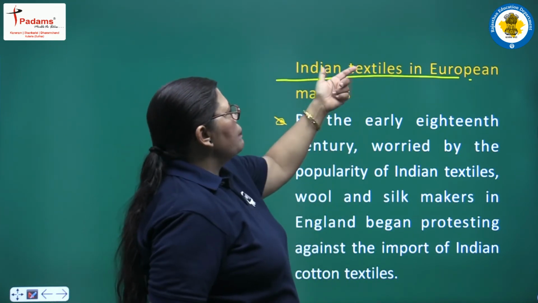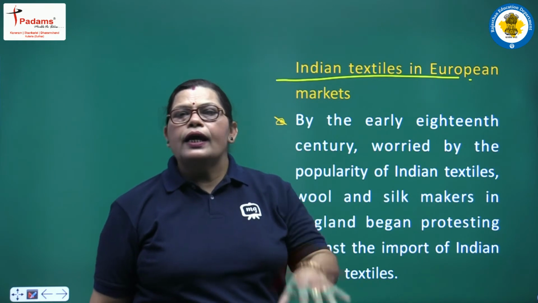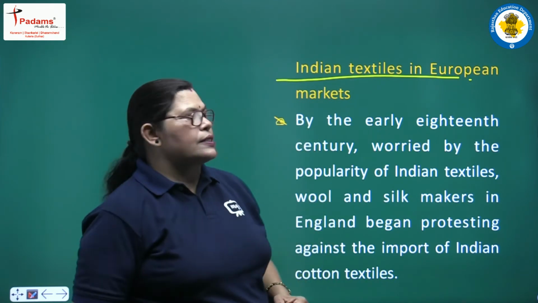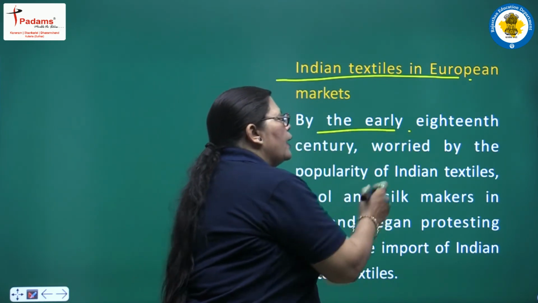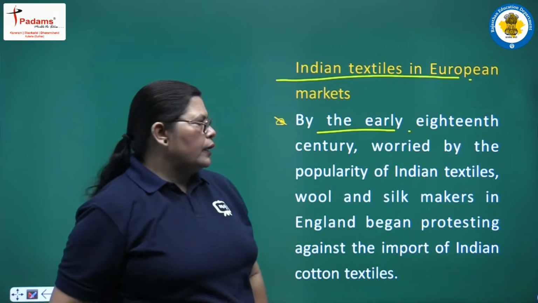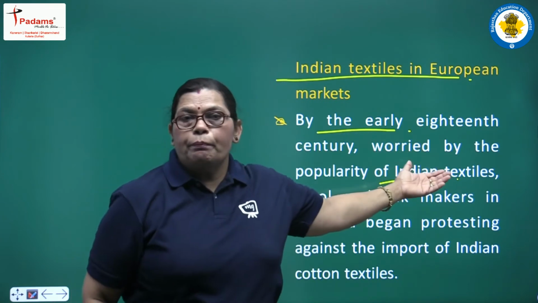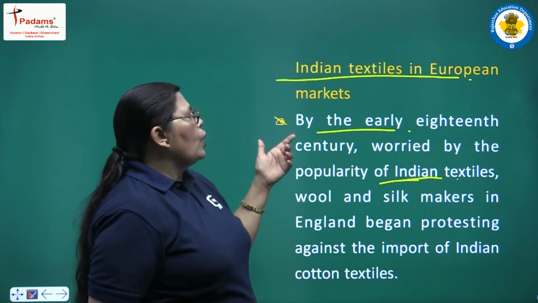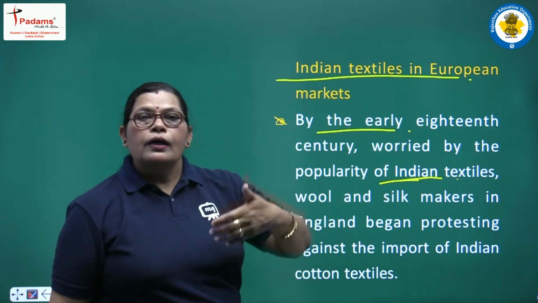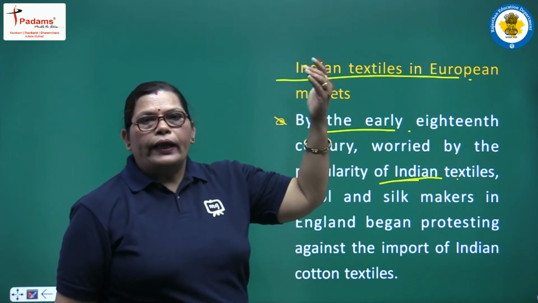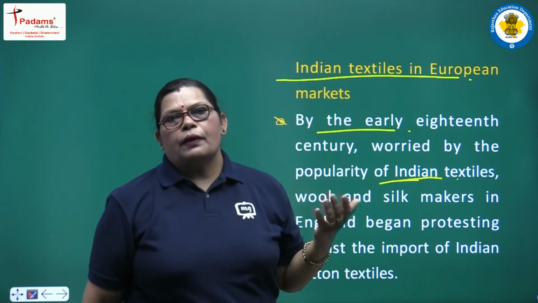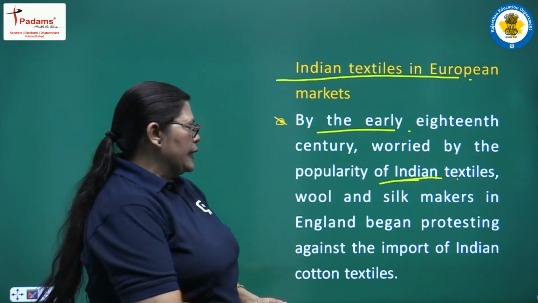So we will discuss Indian textile in the European markets. By the early 18th century, people were worried by the popularity of Indian textiles. Yes, Indian textile was at its peak at that time. So others were worried about the peak, the good quality, and the increasing demand for Indian cotton textile.